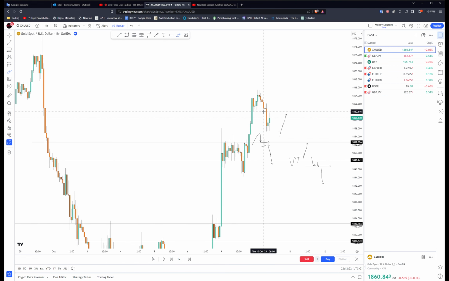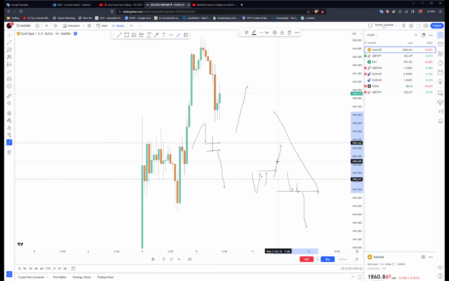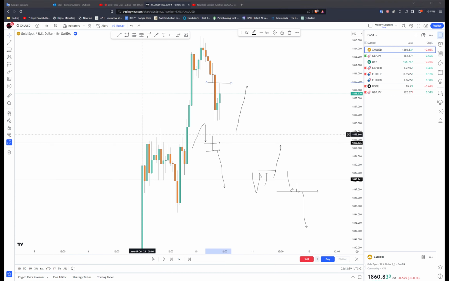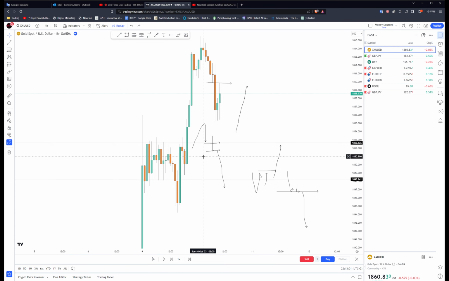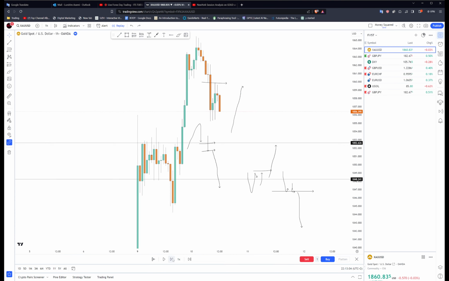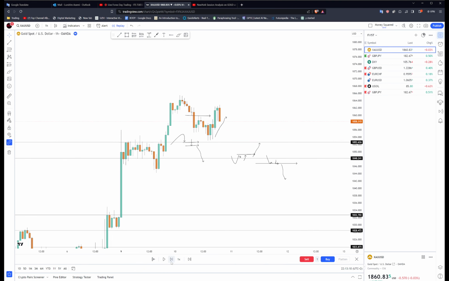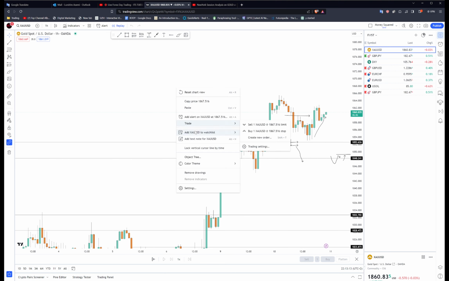And then you have this in the morning after, for example, on the break of the lows here, you could easily enter with stop loss above here: sells, reject the highs, sells, break of the lows, respecting the stop loss, very easy sells here with stop loss around... sorry about that. And yeah, then we had this during the session, just playing around inside this range, and then here we are.